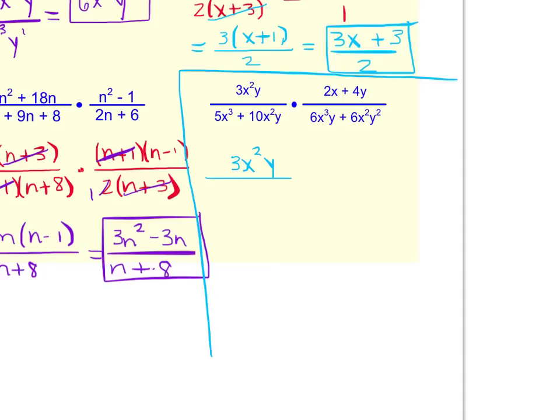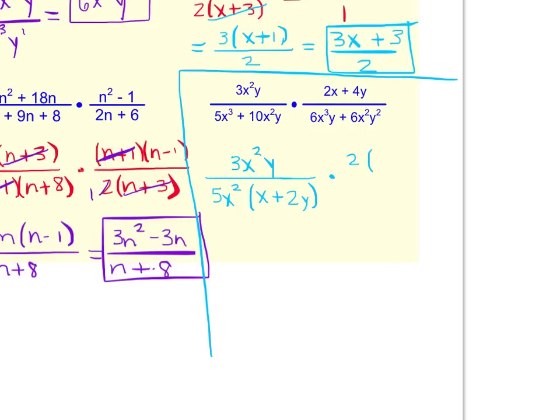Over, now in the denominator, our GCF, we have a 5 and an x squared that we can take out of both terms. And then that leaves us with an x plus 2y. Alright, so our first fraction is factored. Now our second one, we can factor a 2 out of both terms.